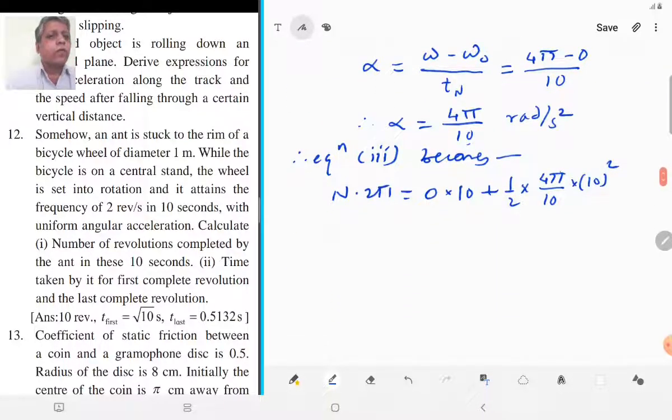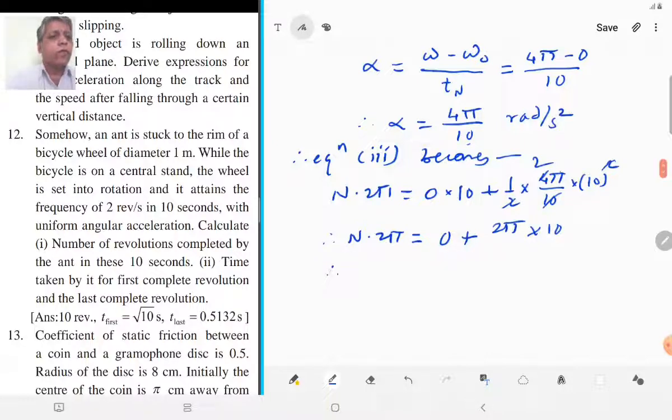Therefore n into twice pi is equal to 0 into 10, that is 0, plus here 2 1s are 2, 2 2s are 4, 1 10 gets cancelled, and therefore that is equal to twice pi into 10.